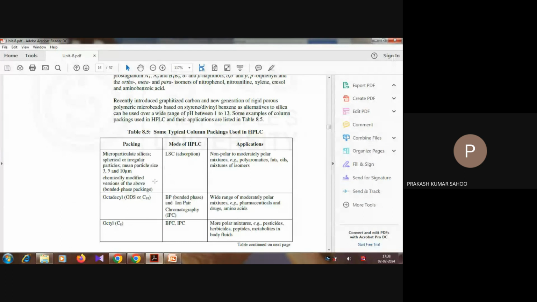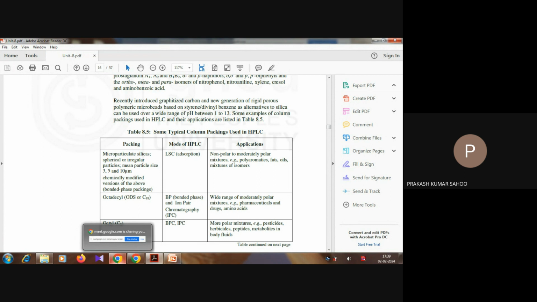Then we have packing materials here, for what is the mode of HPLC and what are the applications. If the packing material is microparticulate silica, whether spherical or irregular particles, with a mean particle size of 3, 5 or 10 micrometers, which is a chemically modified version of the above packing, then it is liquid solid chromatography, which involves the adsorption phenomena.